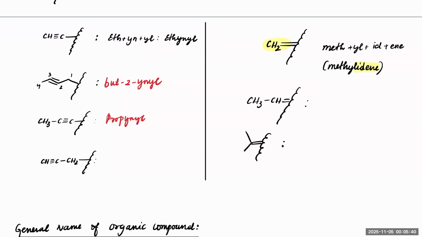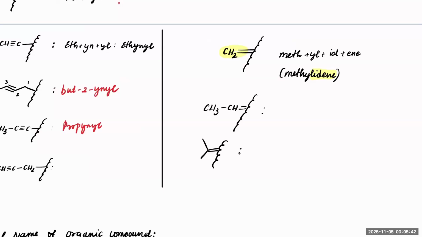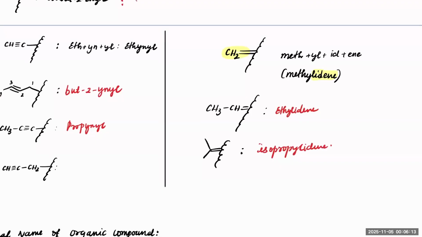Next one. If a double bond is directly connected on that, then the single carbon is called methylidene. And if you have 2 carbons, you call it ethylidene. Ethylidene. If you have it like this, we call it isopropylidene.